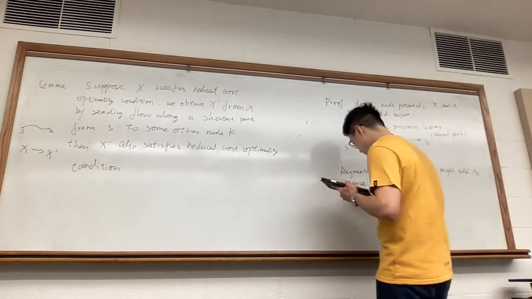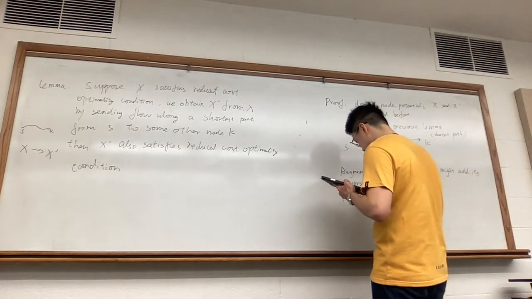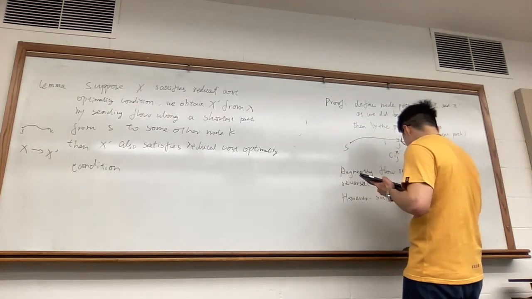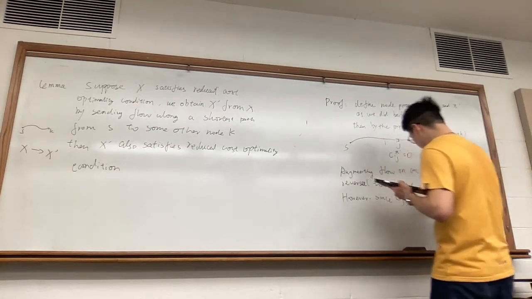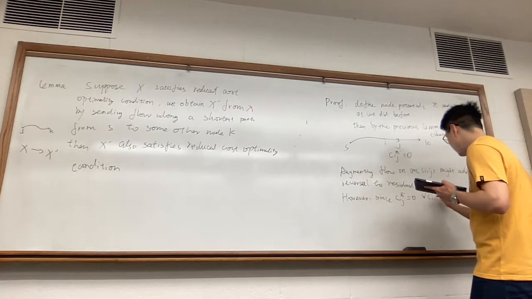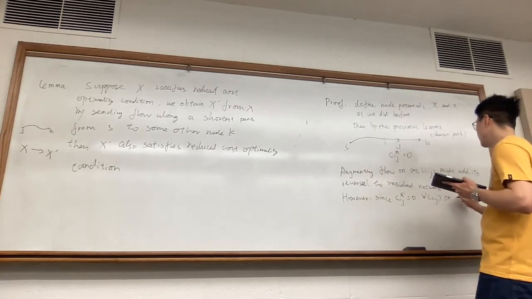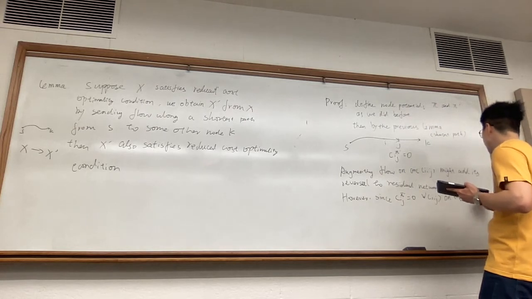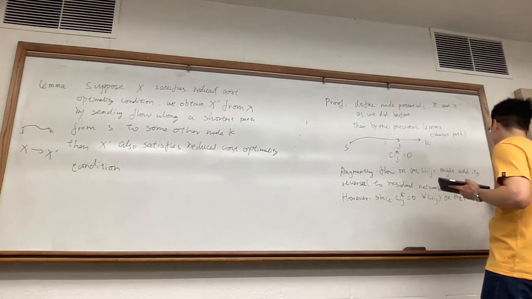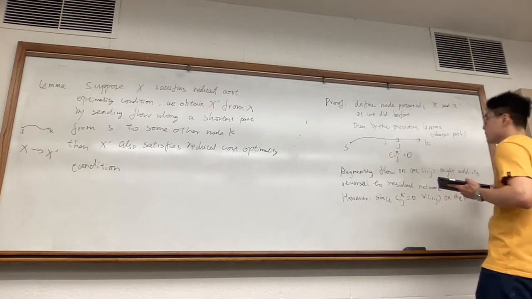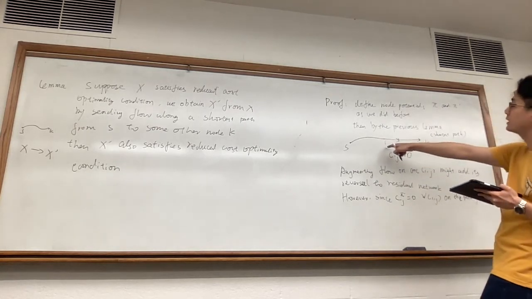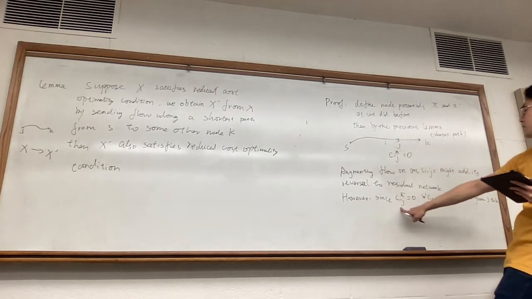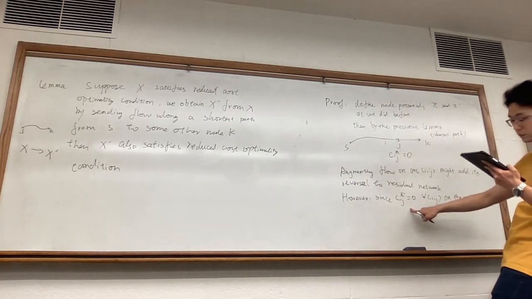However, since Cij pi prime equals 0 for each ij on the path from S to K, that's to say for any arc ij on this shortest path from S to K, we must have Cij pi prime equals 0.